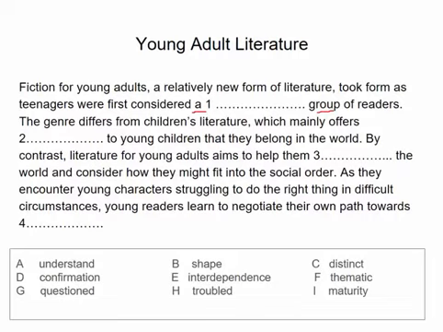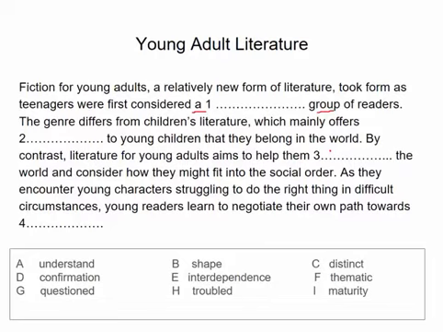How about for number 3? By contrast, literature for young adults aims to help them blank the world. Okay, well, there could be a couple of possibilities there, but what makes most sense is that this literature is going to help young adults do something. Okay, so that doing indicates that it's probably a verb that we're looking for in this slot.